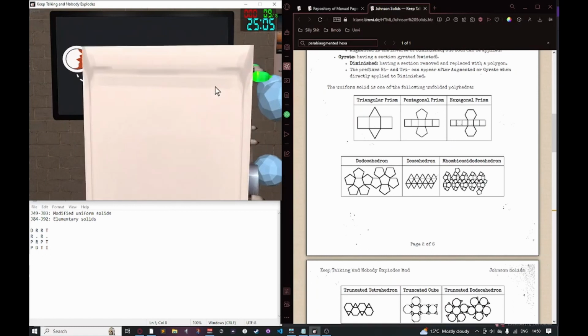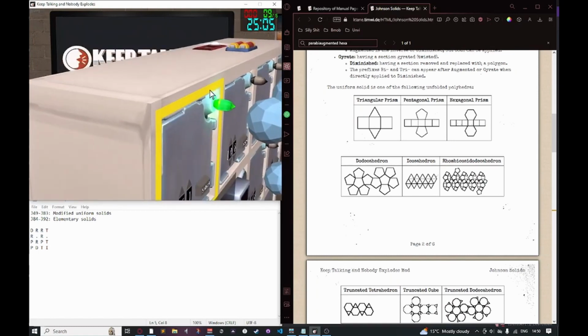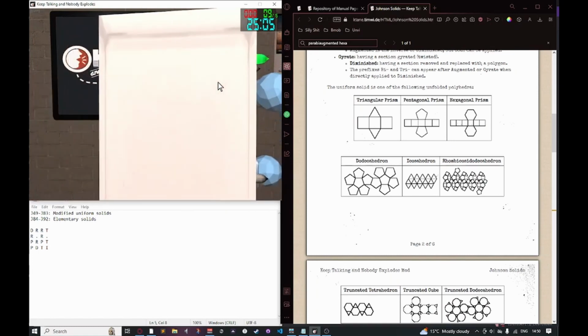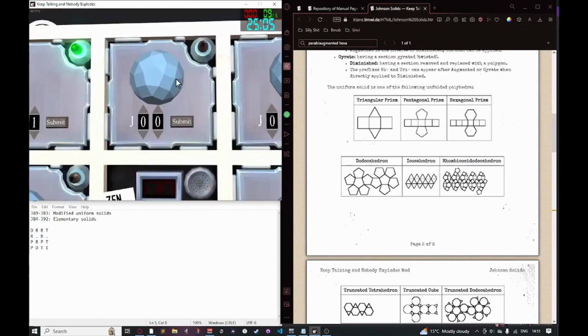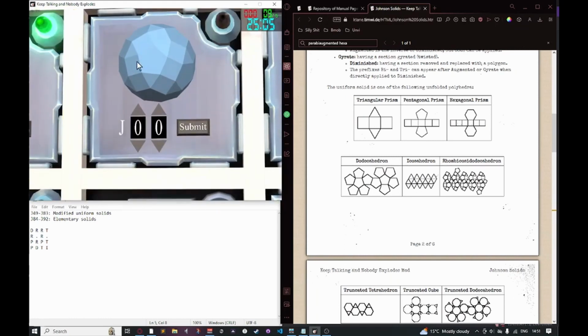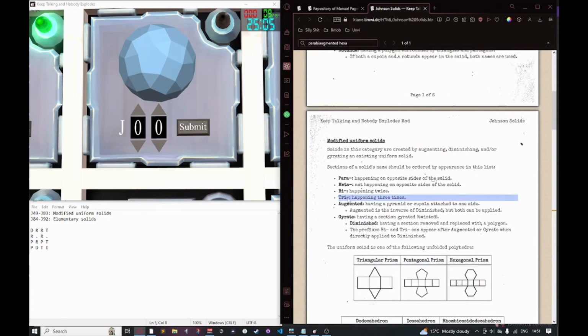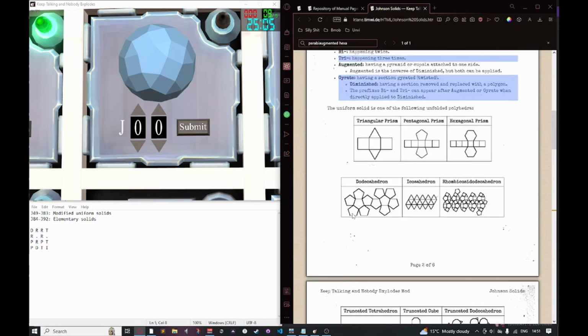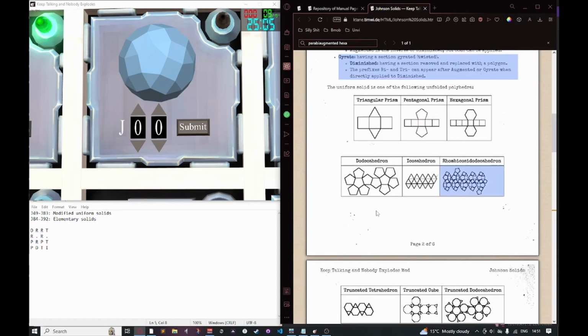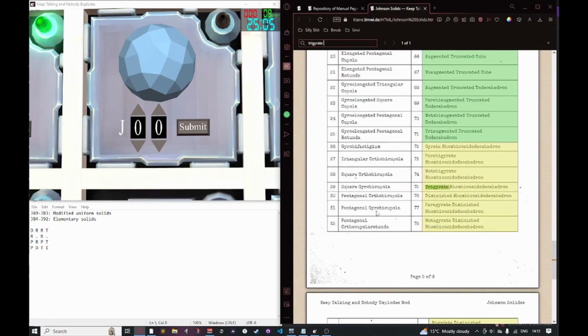We have one at the back here. It can sometimes be hard to see. You have to tilt the module in annoying ways. But essentially, we have 3 sections twisted here. So this is a tri-gyrate rhombicosidodecahedron. Which is 75.